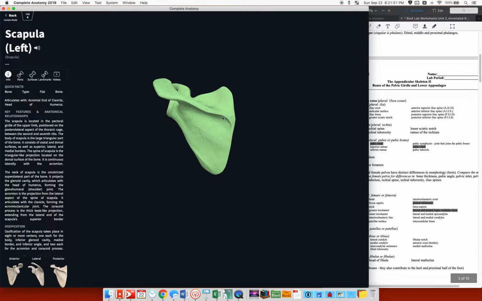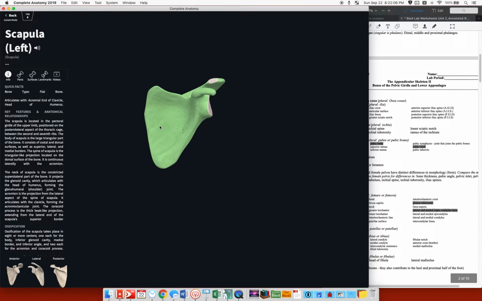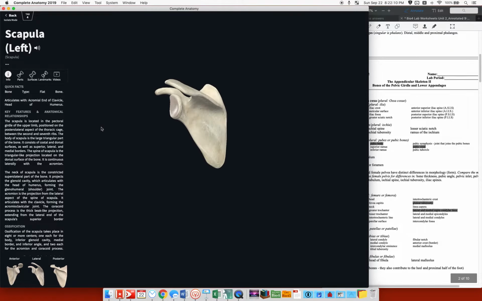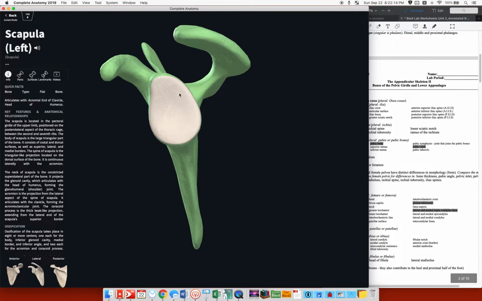Scapular spine. This is the infraspinous fossa, supraspinous fossa. Okay. Glenoid cavity. Supraglenoid tubercle. Infraglenoid tubercle.